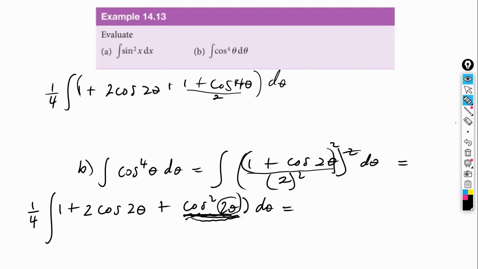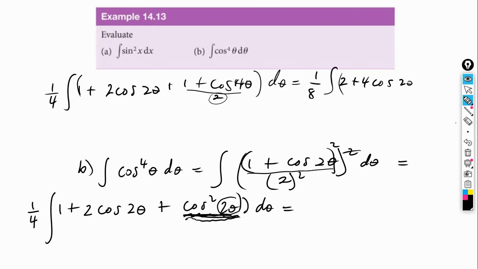From here, notice that we can take this 2 as a common denominator for the whole expression and take it out, multiplying the 1/4 to make 1/8. So this would be equal to 1/8 times the integral of 2 plus 4 cosine of 2 theta.